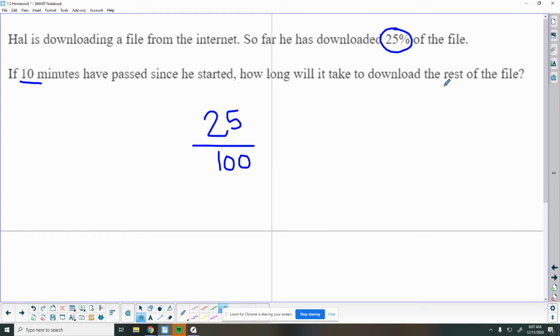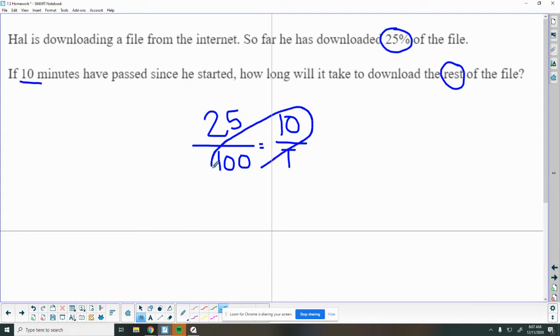So we want to know how long it's going to take for the rest of it. So we need to find the total, but then we need to think about what the question is asking. So 25% took 10 minutes. So we're going to go ahead and match up these 25s and 10s here, and we're looking for the total.